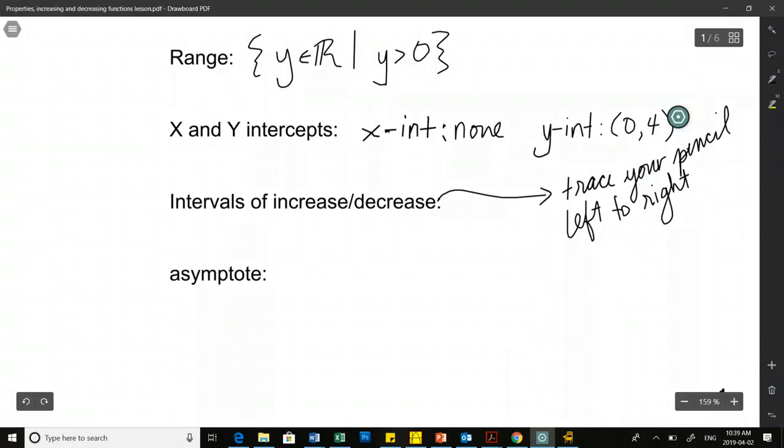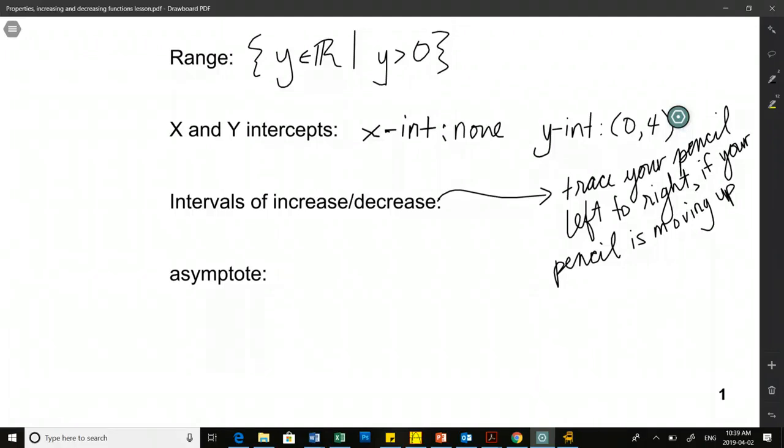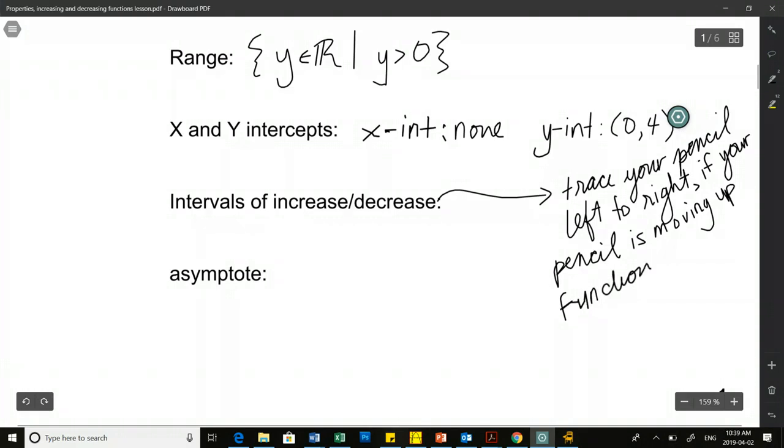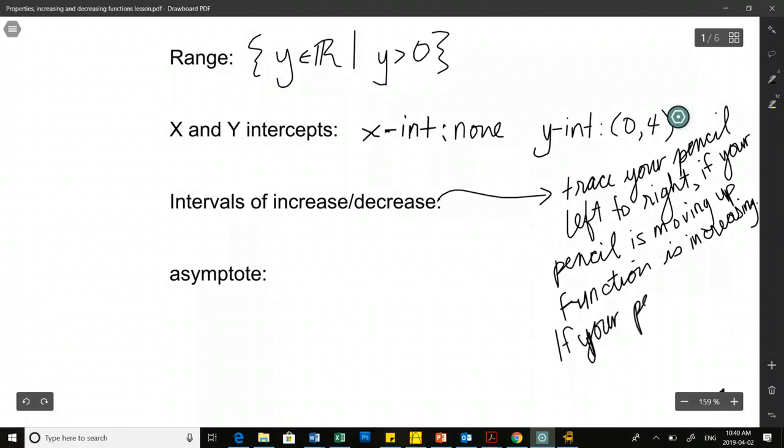Okay, trace your pencil left to right. If your pencil is moving up, that means that's increasing. If your pencil moves down, your function is decreasing.